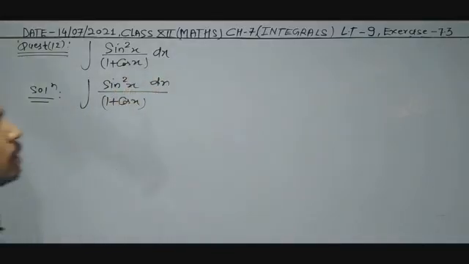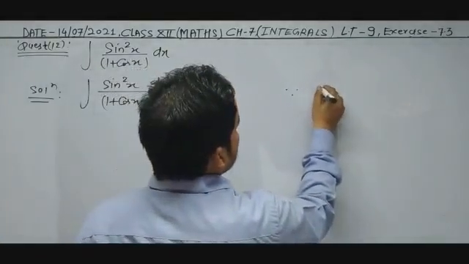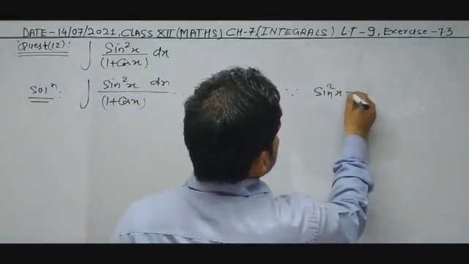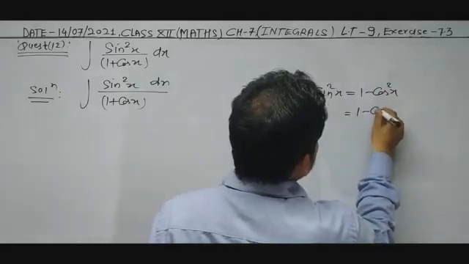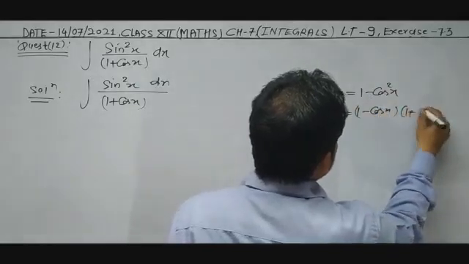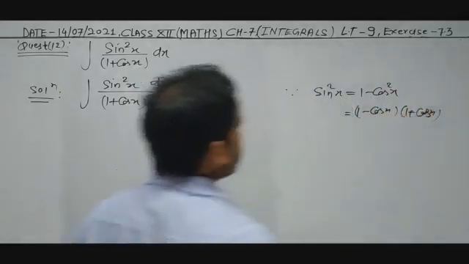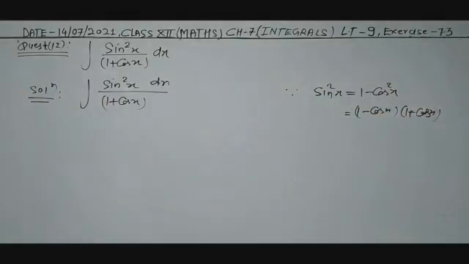Now since you know the formula, sin square x is equal to 1 minus cos square x, and 1 minus cos x into 1 plus cos x, you know, by using the identity.